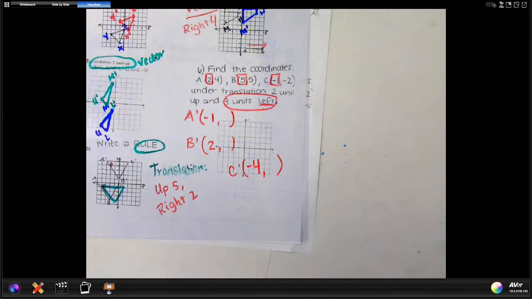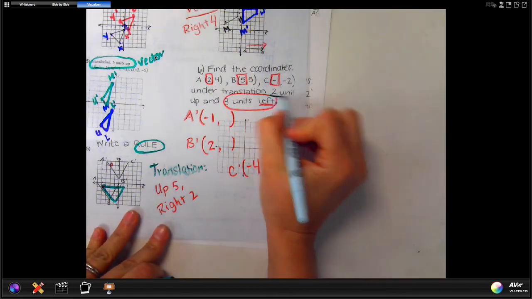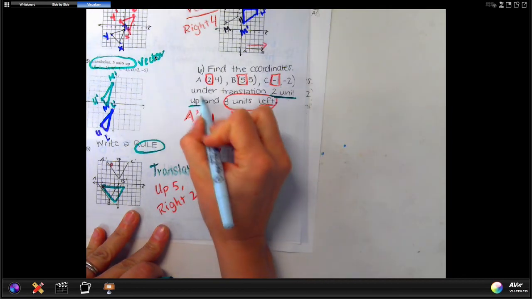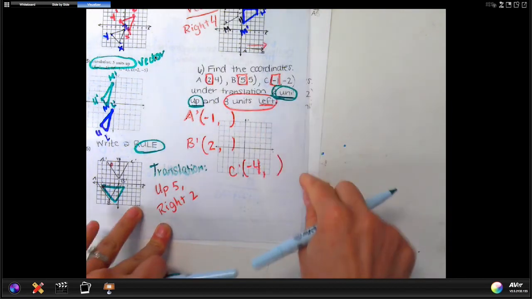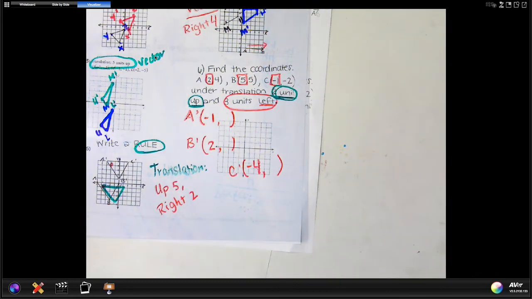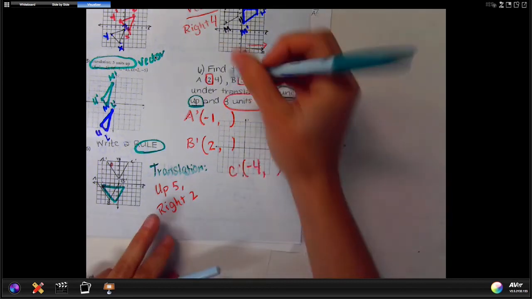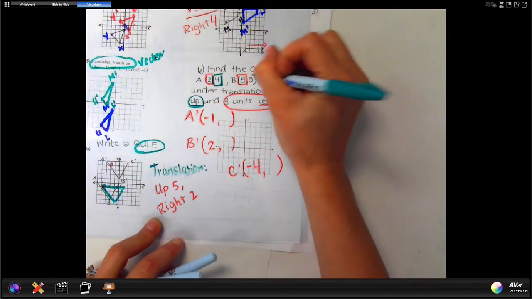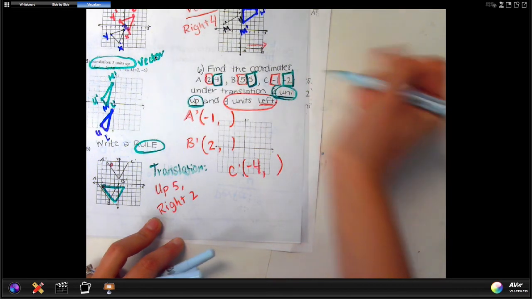Now, our second coordinate tells us up and down, right? So if I do this, 2 units up for my second coordinate, is 2 units up going to be adding or subtracting? Adding. So I'm going to add 2 to all of my second coordinates.